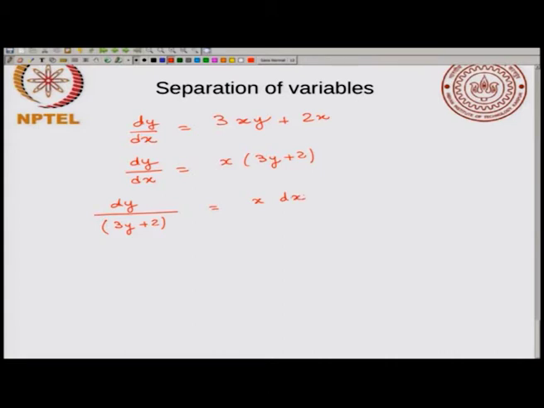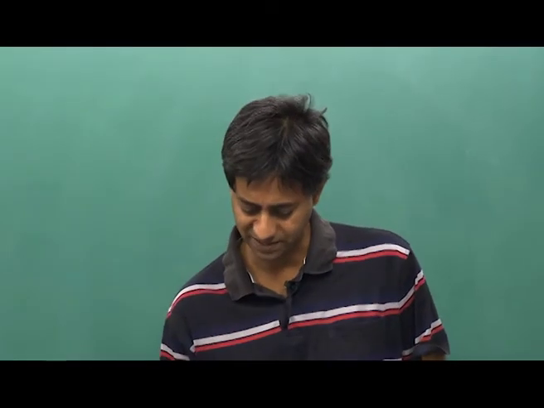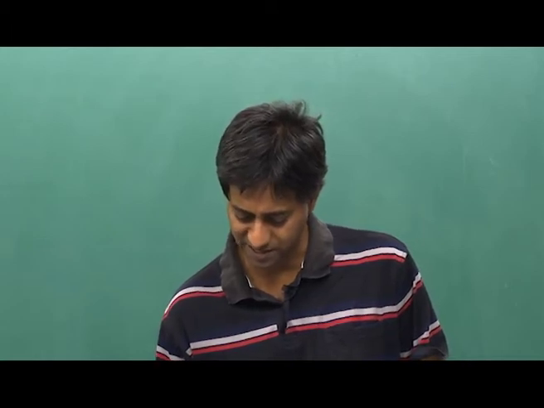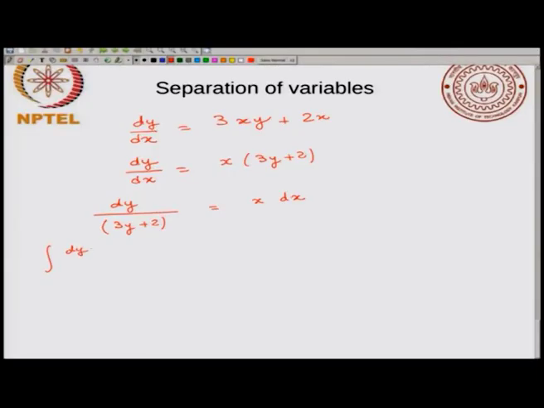Once you do this, you have the solution of the differential equation, because you can integrate both sides independently. When you integrate the left hand side, integral dy divided by (3y plus 2) is just equal to log of (3y plus 2) divided by 3.